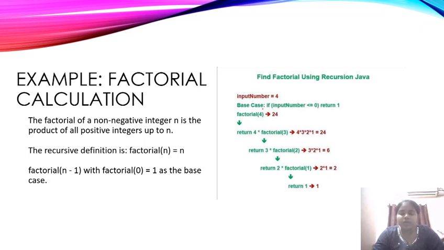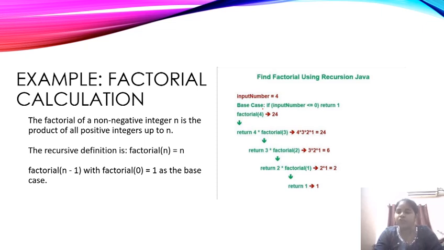Factorial of 4 is 24. First we should start with return 4. So factorial 4 is 4 into 3 into 2 into 1, and at the end of the 1, we need to reverse the method.